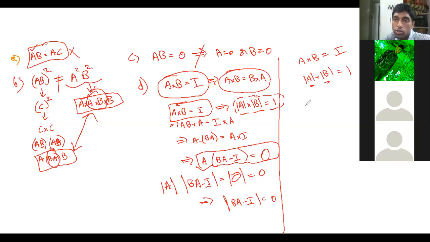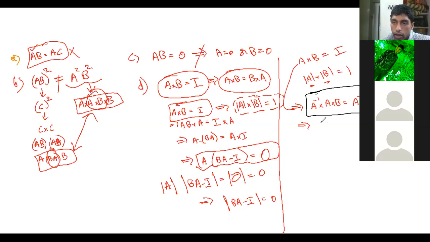Now because determinant A is not zero, multiply with A inverse on both sides, which implies A inverse into A into B is equal to A inverse. This is the important step.